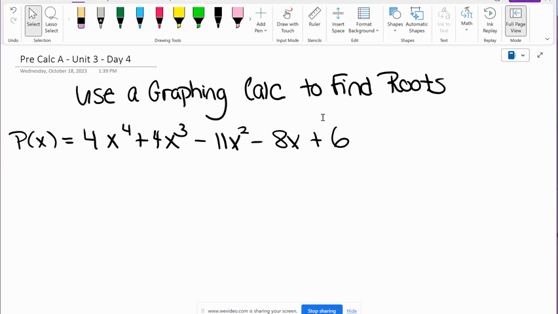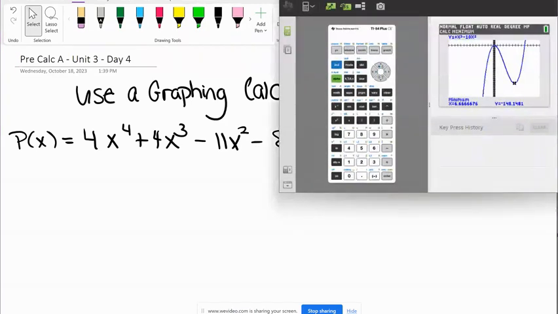So let's go into our calculator and see how this looks.